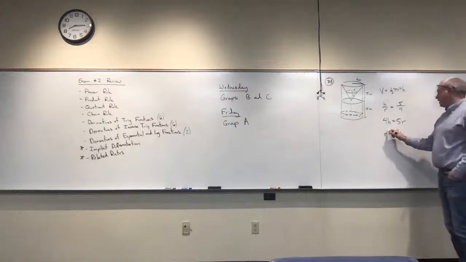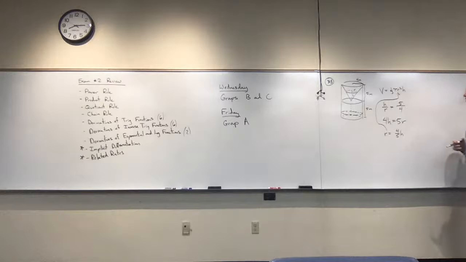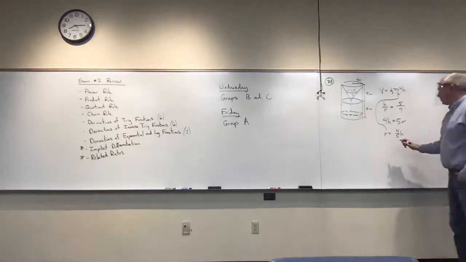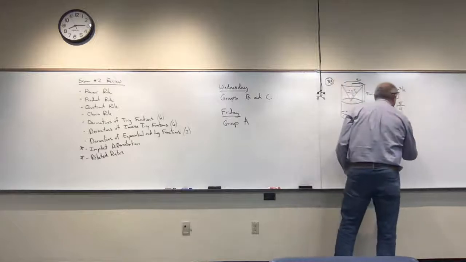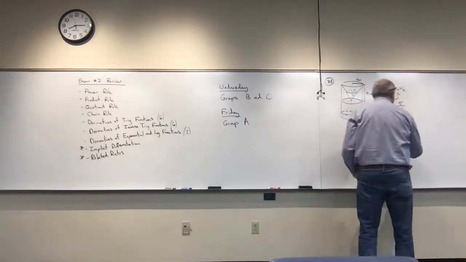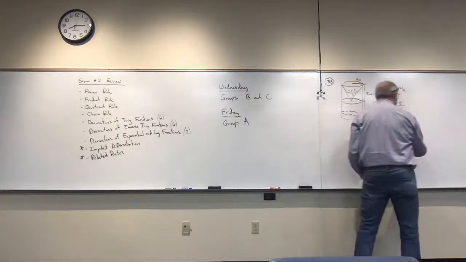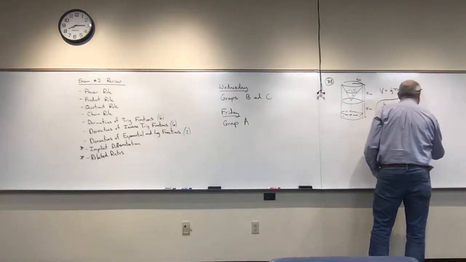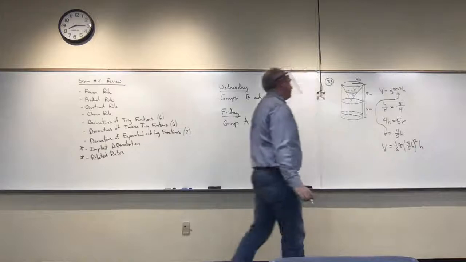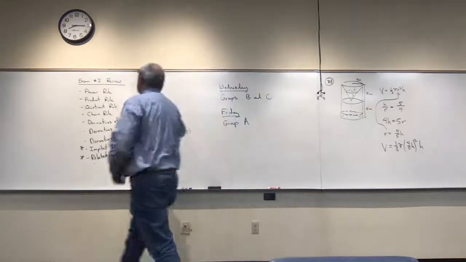Now I'm going to plug that value for r in there to get a new volume formula. So volume is equal to 1/3 pi r squared times h, but r is 4/5 of h, so 1/3 pi times (4/5 h) squared times h. Okay, I'm going to move over here, I think.